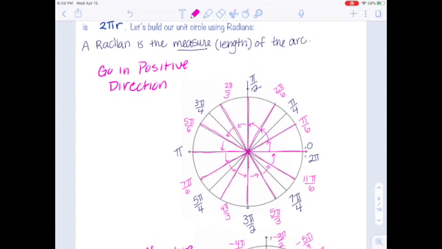So what I want you guys to understand is that this radian measure is actually the length of the arc, how long it is, right? Because the radius of our unit circle, a 1 unit circle, is 1. We have all the way around is 2 pi. Now, this is when I want you to not really use decimals in general.